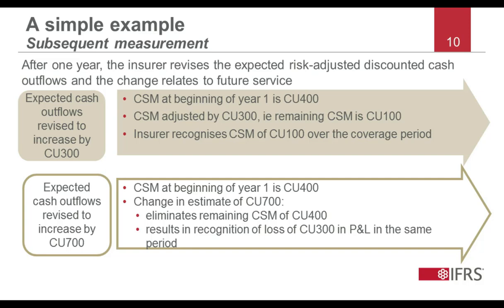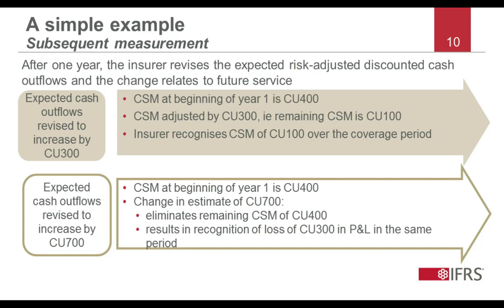Those changes exceed the opening balance of CSM by 300 and are accounted as follows. 400 out of 700 eliminate the CSM of 400, so the closing CSM in the second example is set to zero. 300 out of 700 result in a recognition of a loss of 300 in profit or loss in the same period.